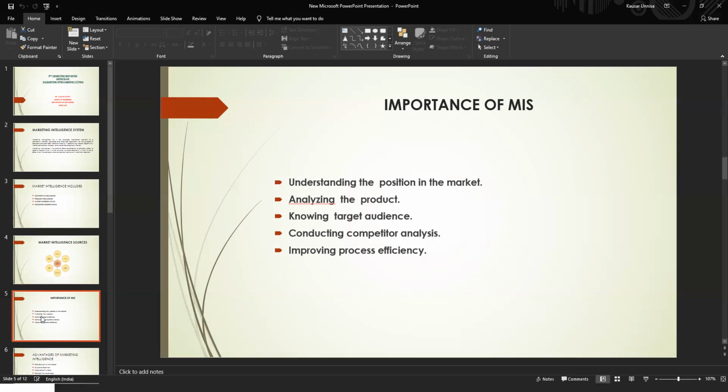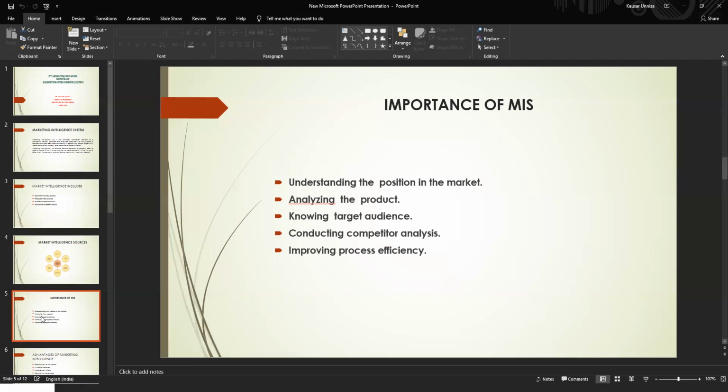We know that market intelligence is very important because in the current business scenario, it has become one of the most important tools for any company that wants to become more successful; information is required. Market intelligence provides the required information, because it gathers the data, understands customer behavior, and the same information is supplied to the company.